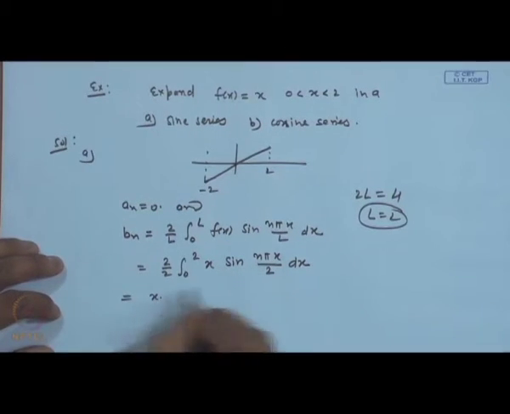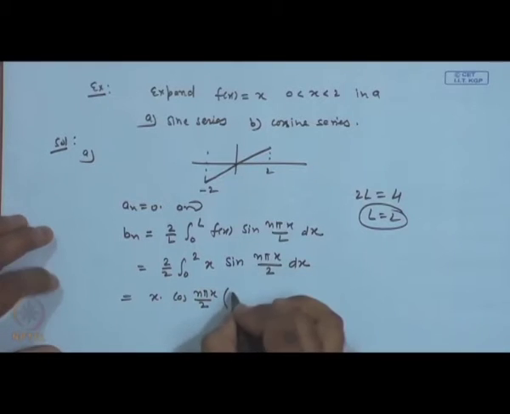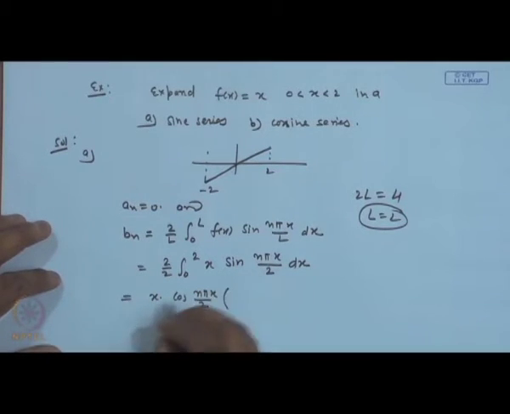We have x, and then cos(n pi x over 2) with a minus sign, because the sine will give minus cos.